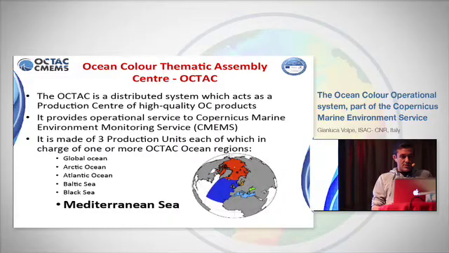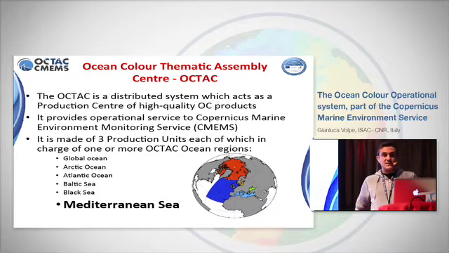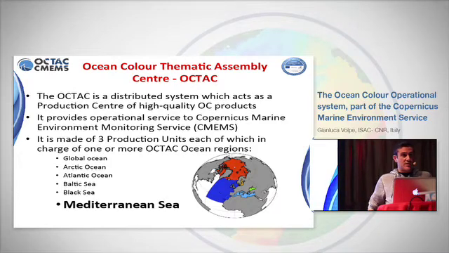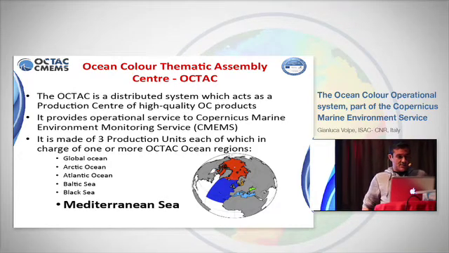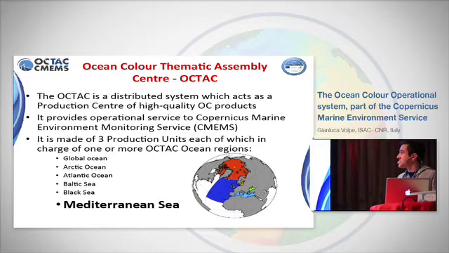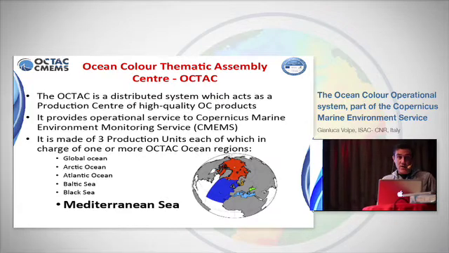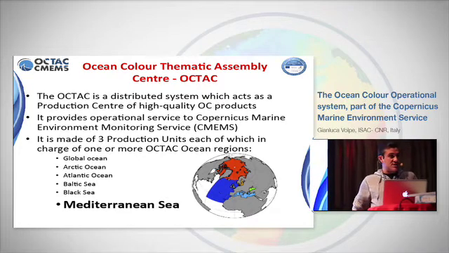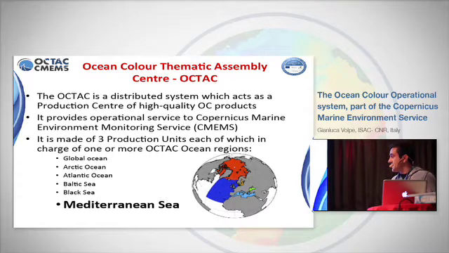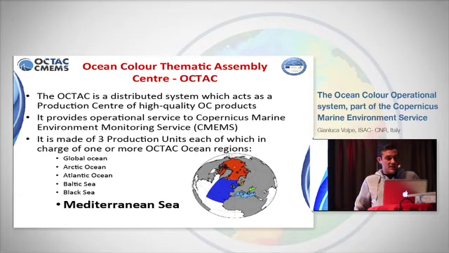The Ocean Color Thematic Assembly Center is a distributed system which acts as a production center of high quality ocean color products. It provides the operational service for CMEMS, and currently it is made of 3 production units based in Italy, where I'm from, in France, and in the UK.